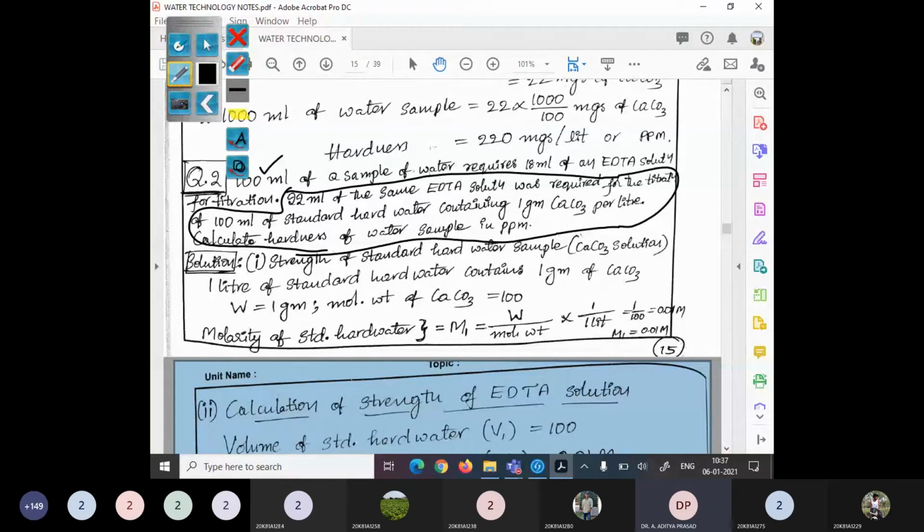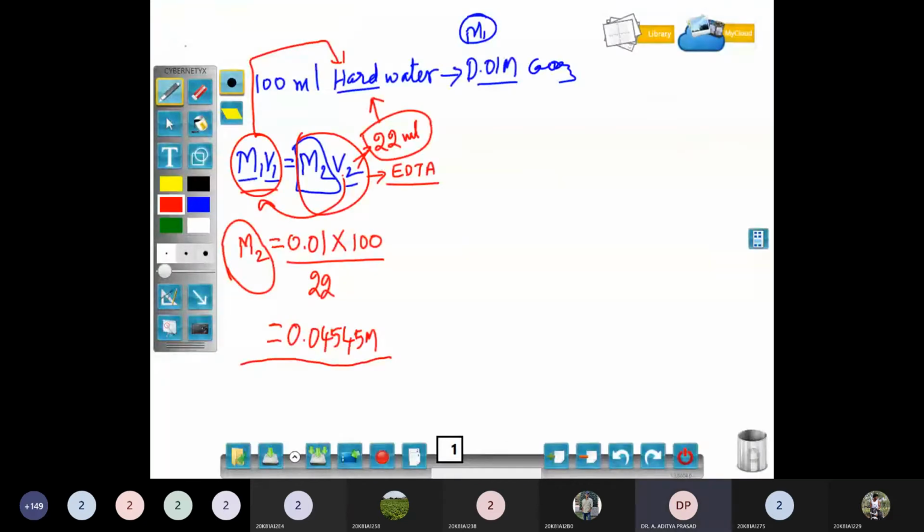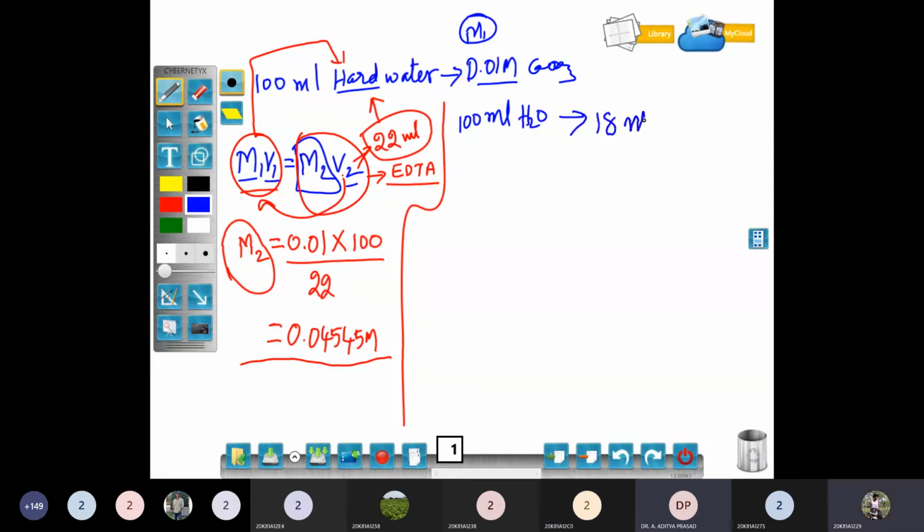Let us write that: 100 ml of sample water requires 18 ml of EDTA solution. Here let us use one more formula.